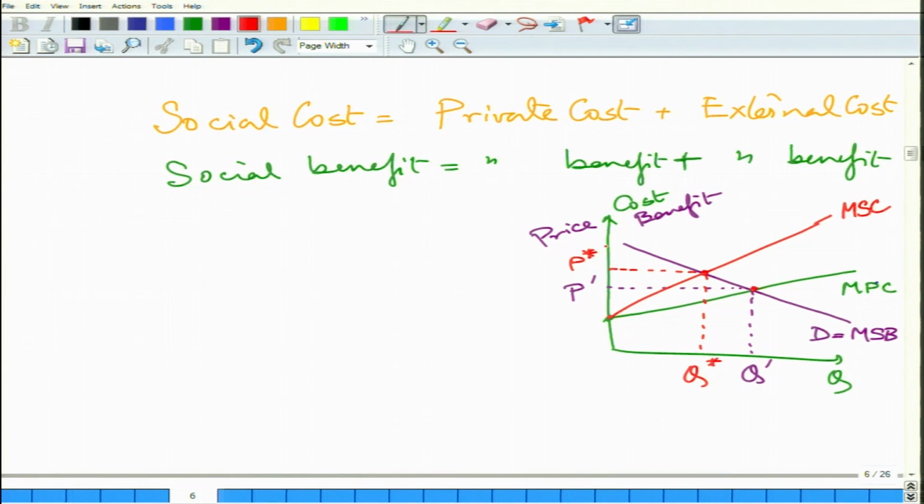Why does it raise the cost? Before going to this, I will tell you something about this particular area. This area is known as deadweight loss.